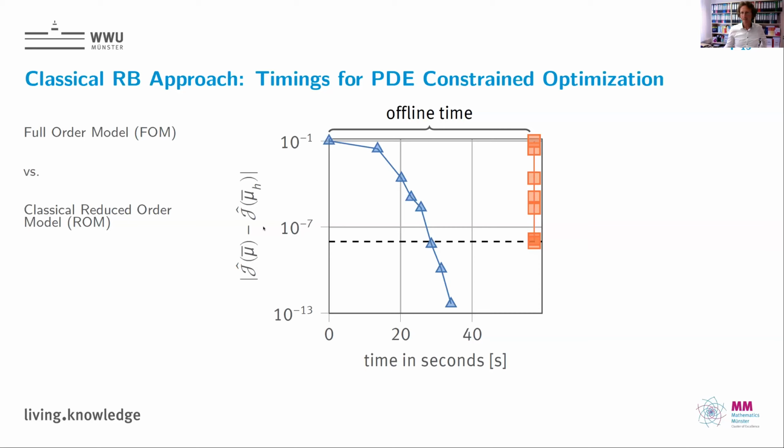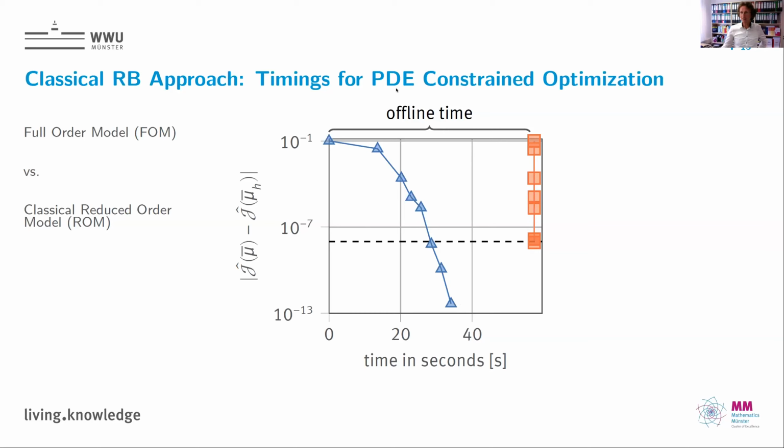What is plotted here is the error for the objective functional in such a PDE constraint optimization. If you use the reduced order model, then it might be the case that the offline time that you need to construct your model is already larger than the time that you need to solve your PDE constraint optimization just using a classical full order finite element model. So this is typically the situation that you can encounter.